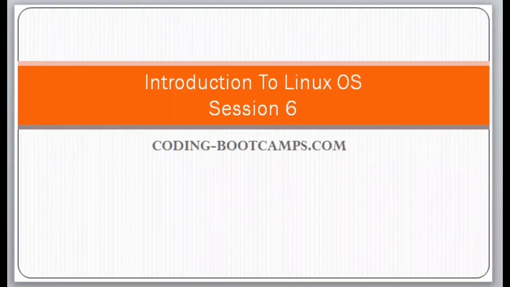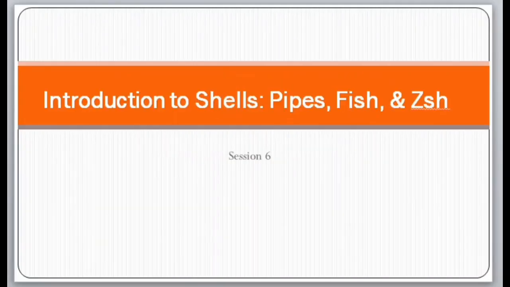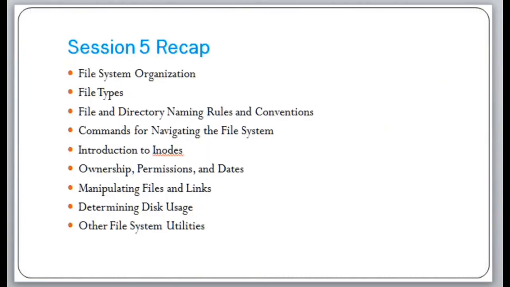Hey guys, welcome back to session 6 of Introduction to Linux OS. Today we're going to be going over shells, pipes, fish, and Z-shell. In session 5 we covered file system organization, file types, file and directory naming rules and conventions, commands for navigating the file system, introduction to inodes, ownership, permission, and dates, manipulating files and links, determining disk usage, and other file system utilities.